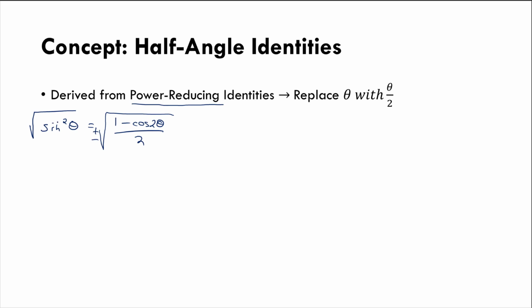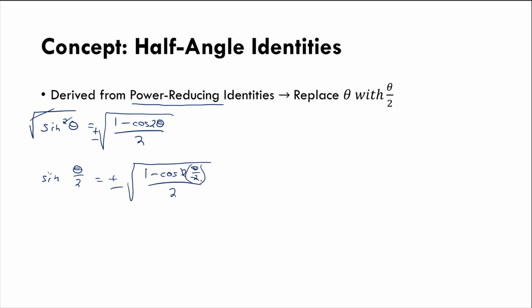When we do that, we get a plus and minus on this side, but our square and our square root cancel out for sine. At this point, we'll replace theta with theta divided by 2. It's going to be equal to plus or minus the square root of 1 minus cosine of 2 theta divided by 2, all over 2.